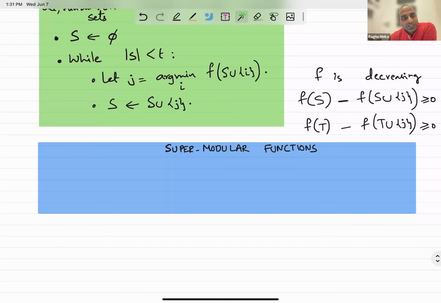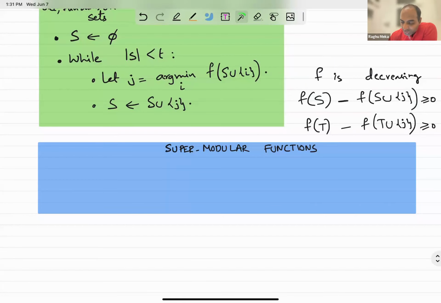Okay, it's some kind of diminishing returns, right? It's basically like saying if your value of the function is low, then if you're starting with a small set, adding an element can change your value a lot more than if you already have many, many elements. Okay, intuitively, does it make sense? If I have 1,000 elements and I add a new thing, the change is smaller than if I have a single element and I add a new thing.